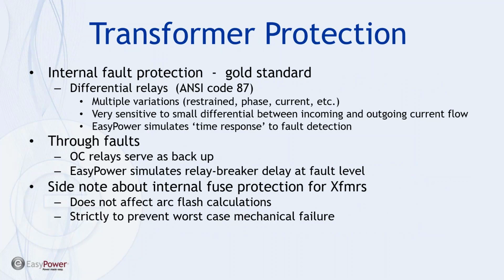Now, in transformer protection, the gold standard for internal fault protection is pretty much differential relays. There are a number of variations, but they're all primarily ANSI code 87, and they can include restrained or unrestrained settings, either in comparison of phase differences or in absolute current differences.